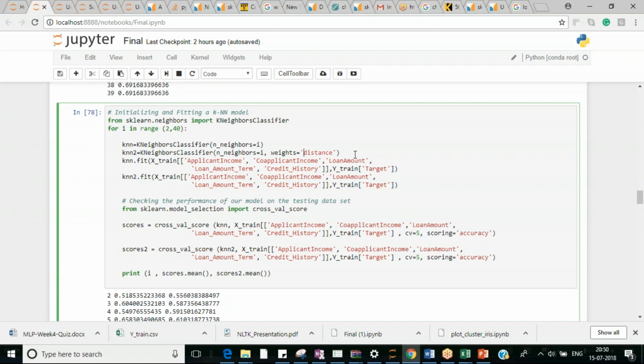So the algorithm will itself decide whether to cancel the majority voting and take these points into consideration, or go with the later ones also.